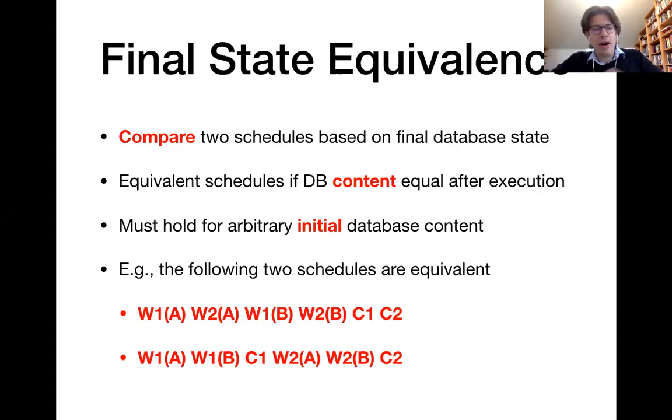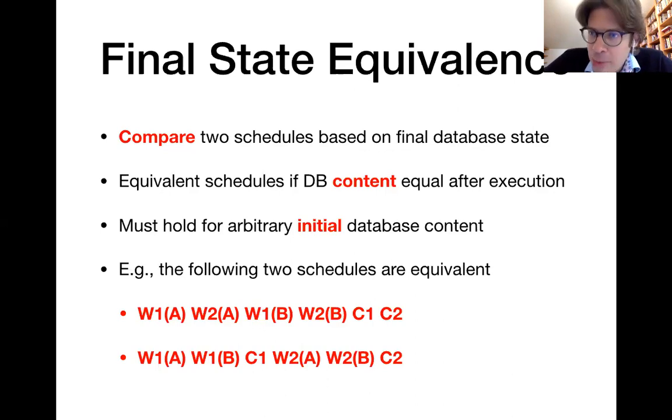Now, when comparing those two example schedules, in the first schedule, we have first a write operation by transaction 1 to object A. Then we have a write operation by transaction 2 to object A. So the final value for A will be written by transaction number 2.